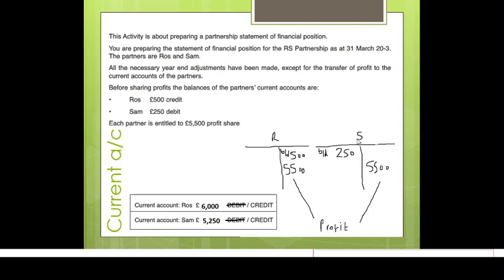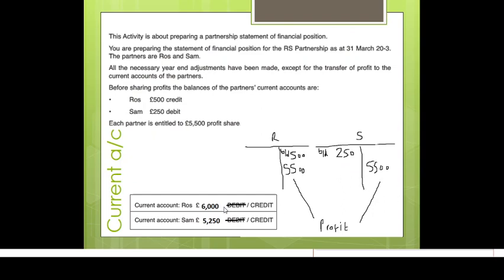And Sam started off with 250, so he was in a negative. However, he received £5,500, so the 250 gets deducted. So overall, negative 250 plus 5.5 leaves 5,250. So 5.5 minus 250 leaves him with 5,250 carried down, 5,250 brought down.